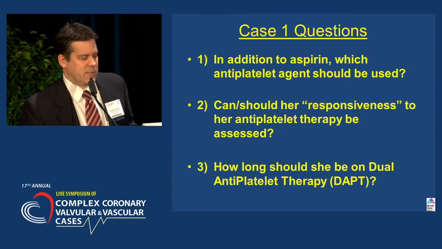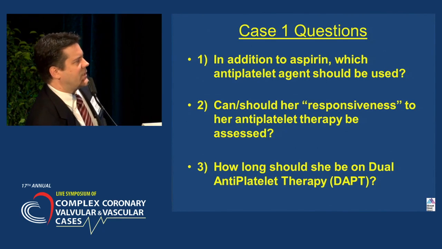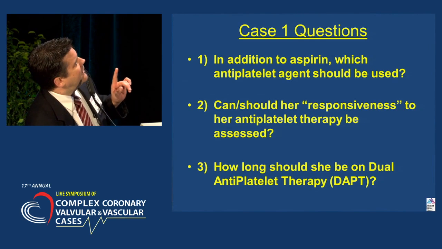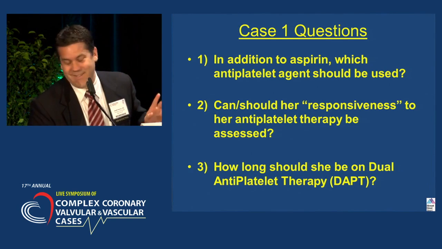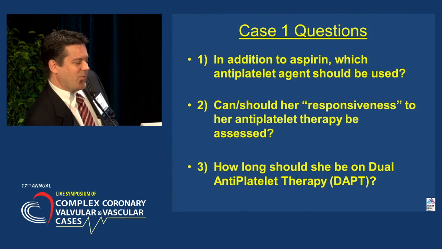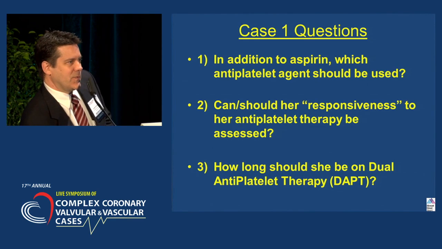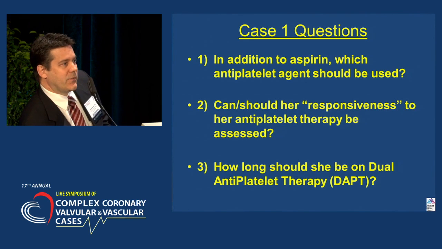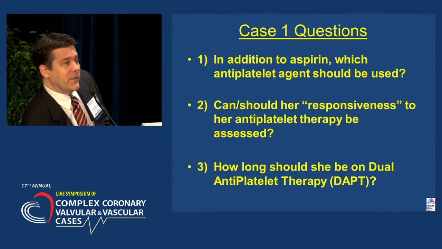I think this is a nice case because I want to ask the audience 3 questions. These are not questions for the test, by the way. The first question is, in addition to aspirin, which antiplatelet should we use for this patient? There are a number of agents out there which I'll talk about, such as Clopidogrel, Ticagrelor, Prasugrel, Cangrelor, and a few other ones.